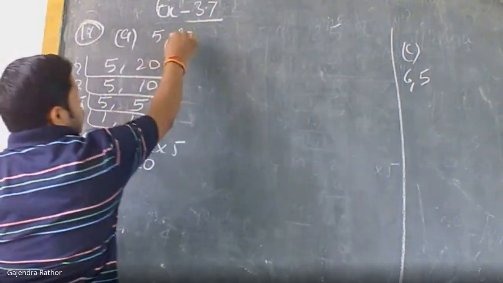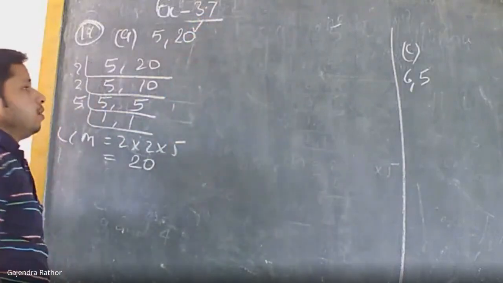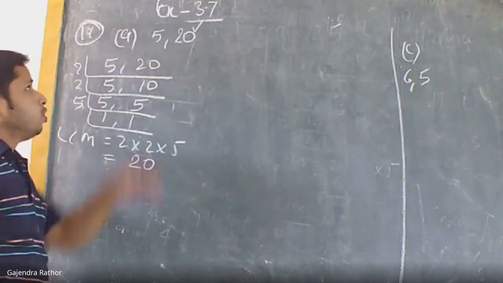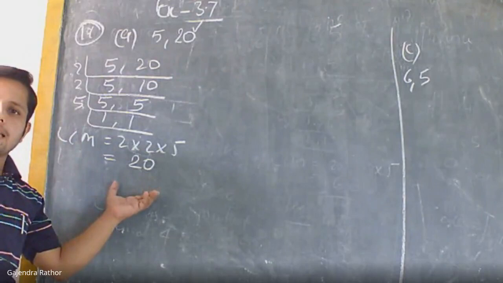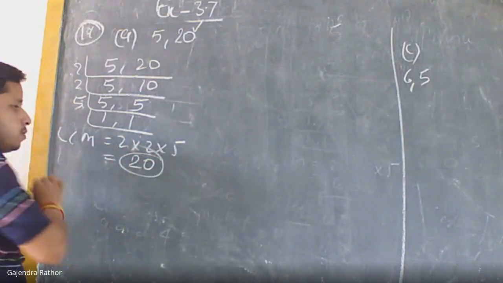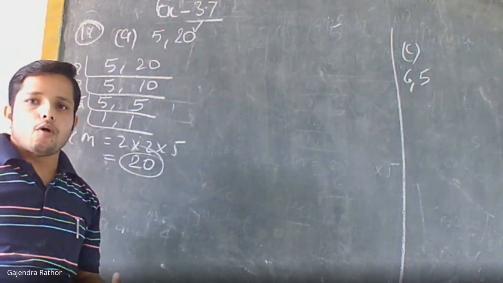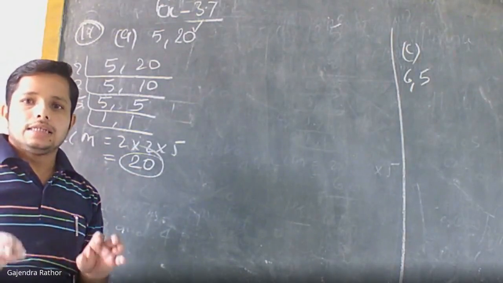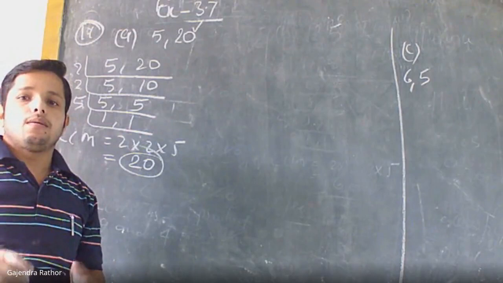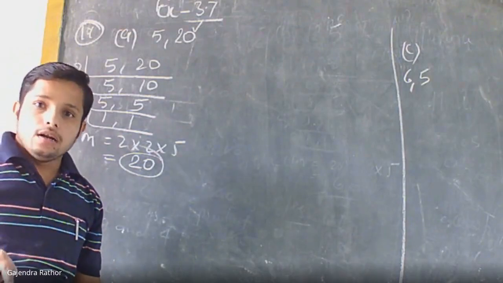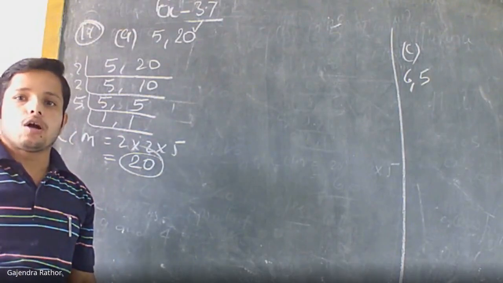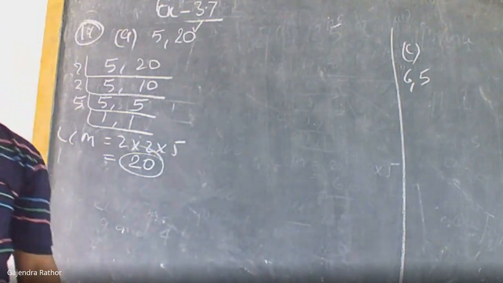We are seeing 20 is greater than 5, so 20 is also the LCM. So we can predict that the LCM will be the greater number when one number is a factor of the second number.